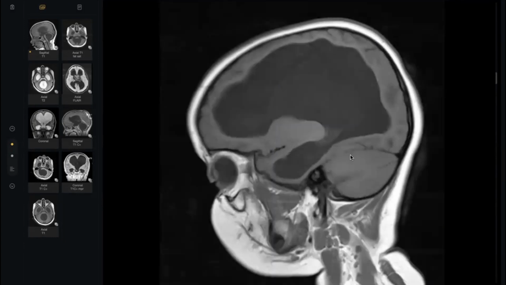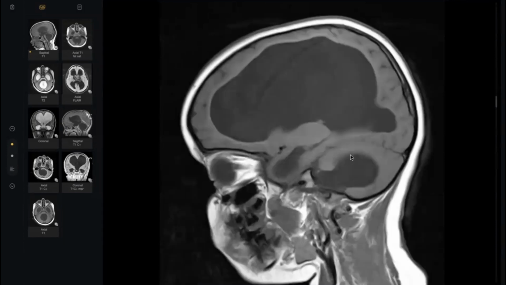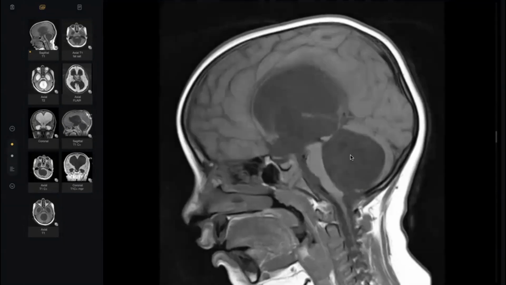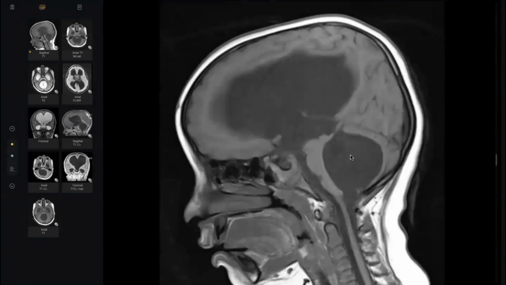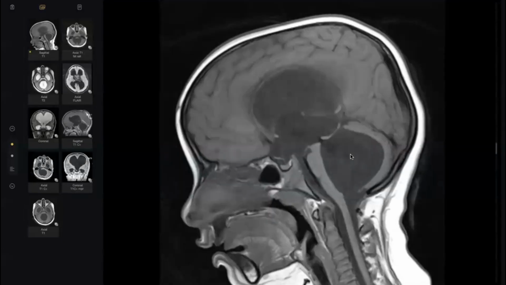So there is marked hydrocephalus, dilatation of the lateral, third and fourth ventricles. The foramen of Magendie is also dilated. There is no evidence of aqueductal stenosis.